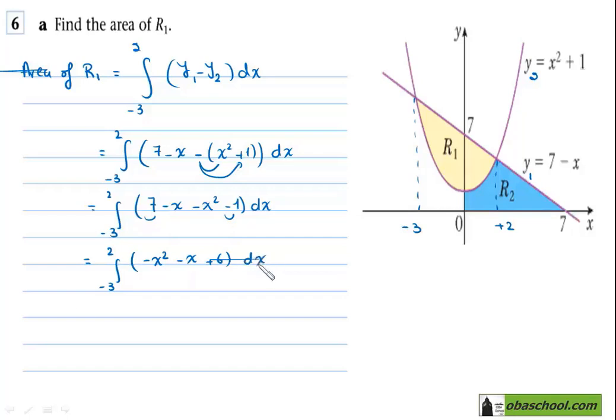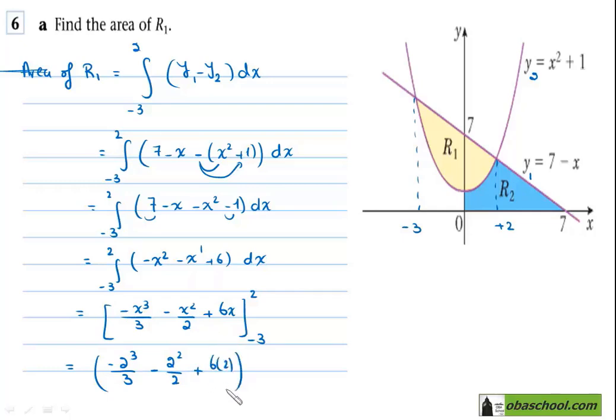Now we will do the integration. Minus x cubed over 3 minus x squared over 2 plus 6x. It starts at minus 3 and ends at 2. Now we need to substitute the values. We will start with the 2. Minus 2 cubed over 3 minus 2 squared over 2 plus 6 times 2.